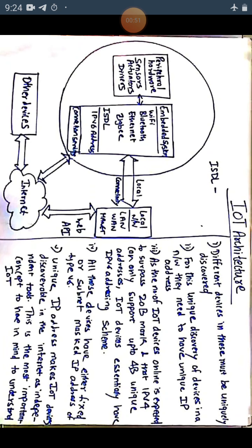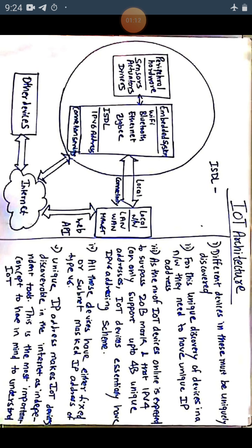This we are going to discuss, and these are all together interconnected, embedded inside the architecture, and that is locally connected. You can see local connectivity with a local network, that is LAN, WAN and MANET. I will define each term.